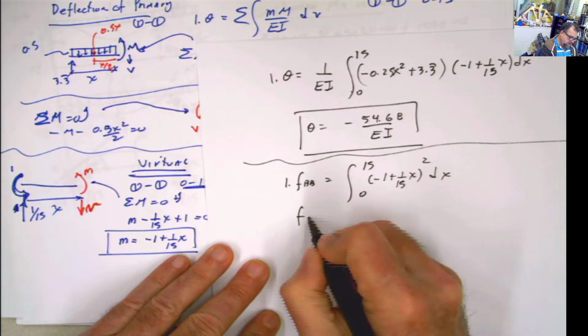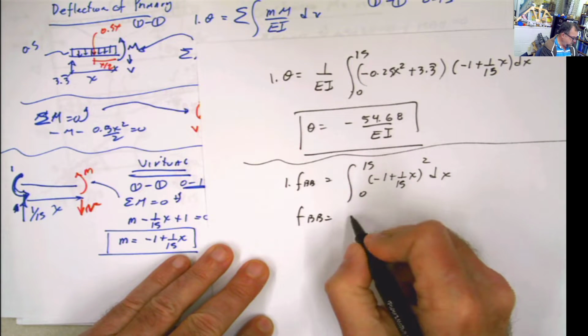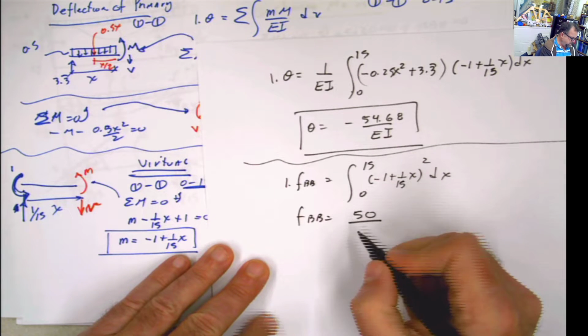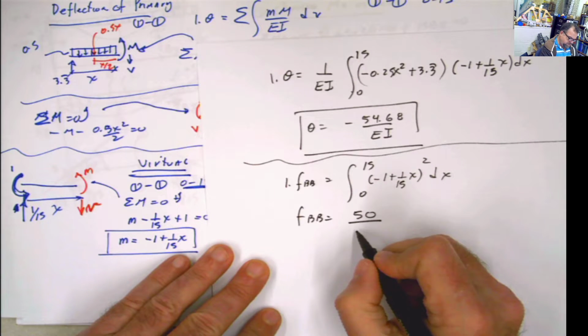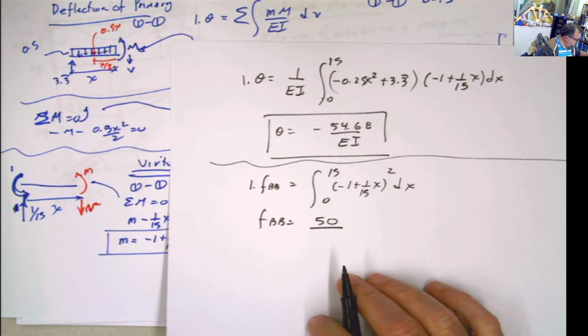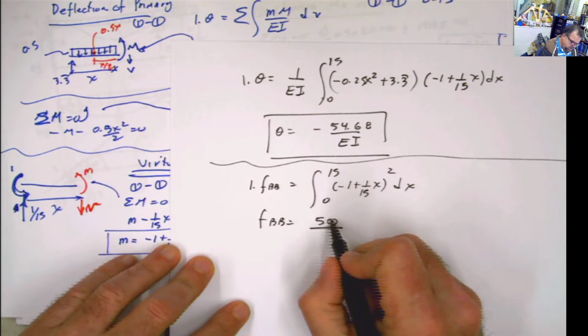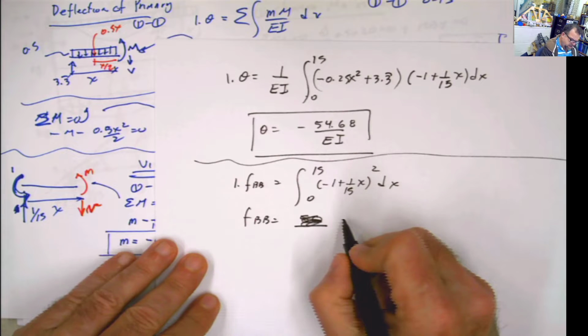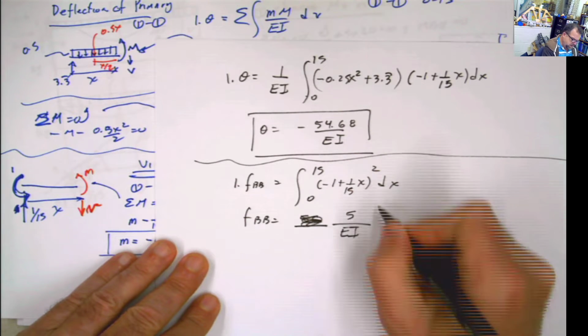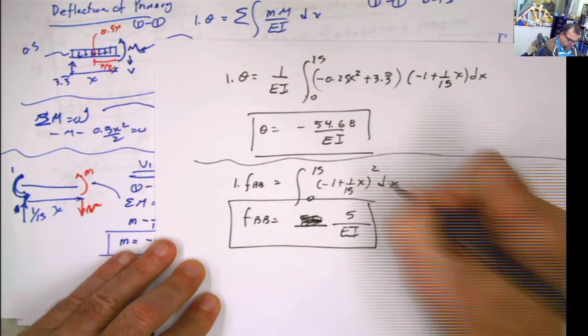And that means that our flexibility coefficient is going to be equal to 50 divided by... is this 50? No, I'm doubting myself. It's 5, not 50. This is 5 divided by EI. That's what it is. You can solve it, and you're going to get this value when you solve it.